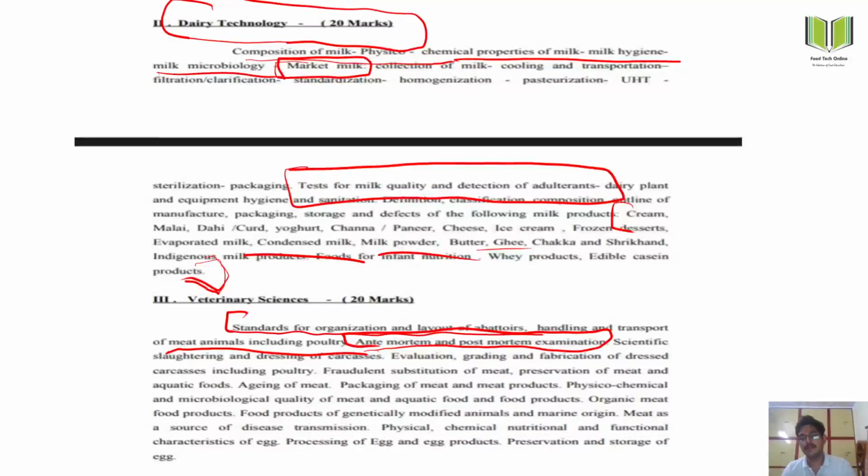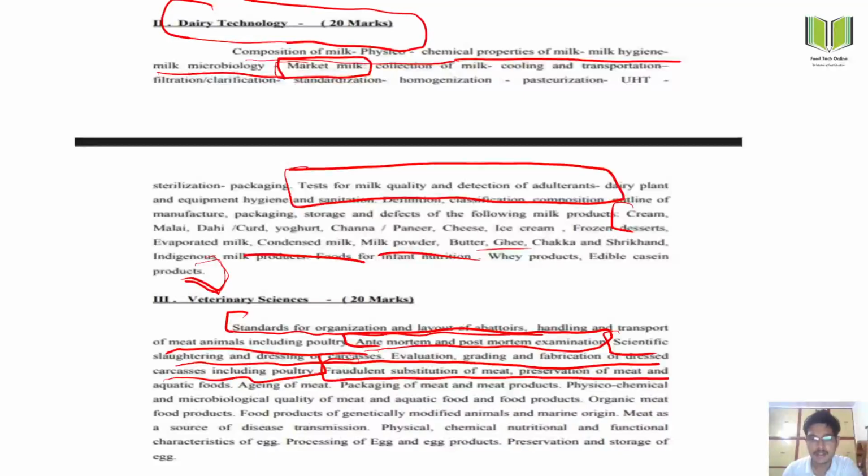Okay, so the veterinary sciences syllabus you will break down into, first of all, slaughtering and dressing of carcasses, evaluation of dressed carcasses including poultry, then meat products like meat substitution, then preservation of meat, aquatic food, aging of meat product, and packaging of meat product, physicochemical and microbiological quality of meat and aquatic food.